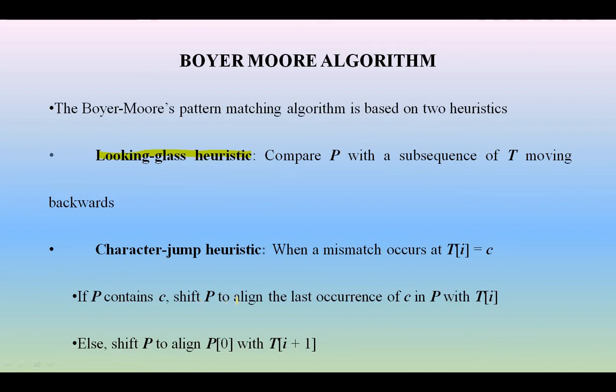If P contains c, shift P to align the last occurrence of c in P with T[i], else shift P to align P[0] with T[i]. We can easily understand this using an example. Looking glass heuristic compares the string moving backwards. Character jumping means whenever a mismatch occurs, it jumps to the particular character wherever the match occurs.